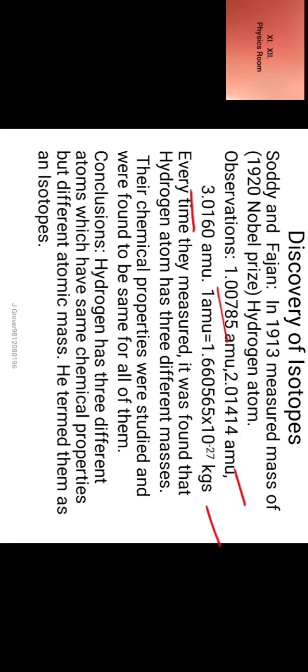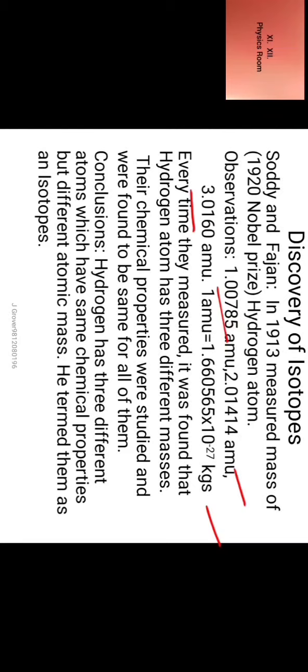Then they concluded that hydrogen has three different atoms which have same chemical properties but different atomic mass. They termed them as isotopes of hydrogen atom. Now you see how scientific method has been applied here.